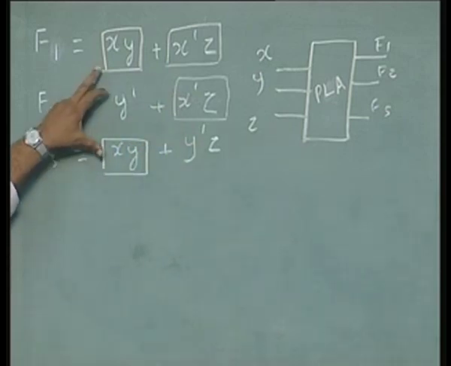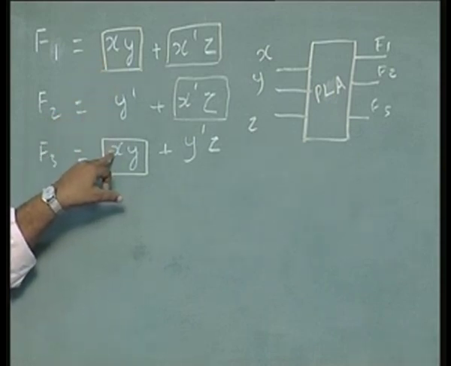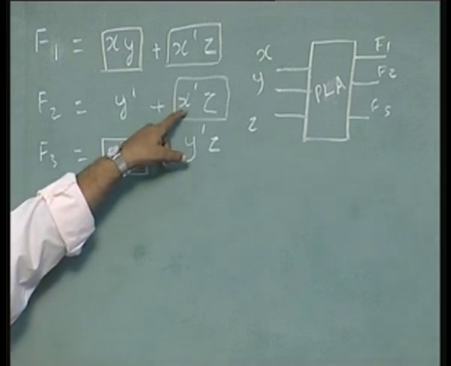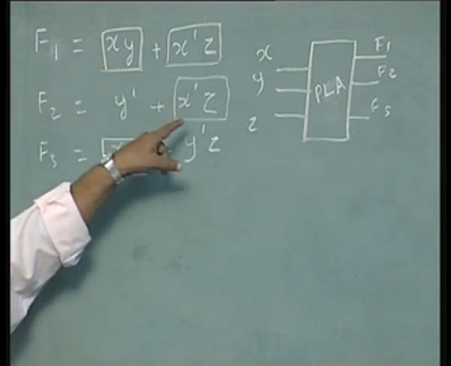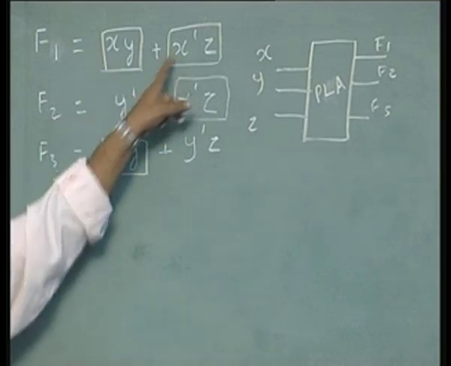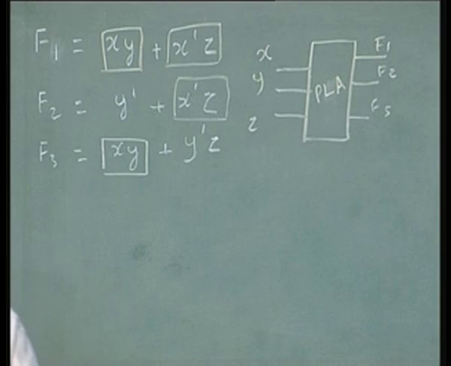Now, xy is common to F1 and F3, so I am saving one product term. X bar z is common to F1 and F2, so I am saving another product term. So, I will now use only 4 product terms. From 6 product terms, I am going to use 4, saving 2 product terms.